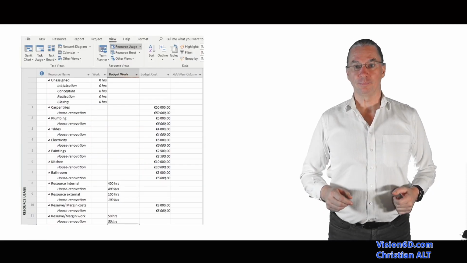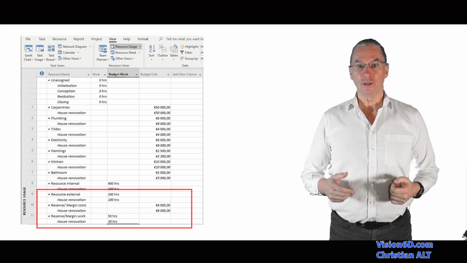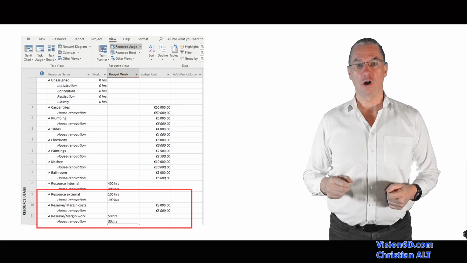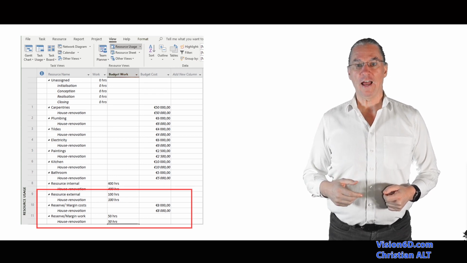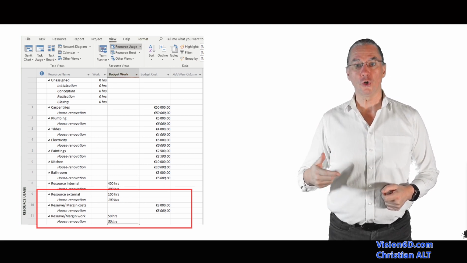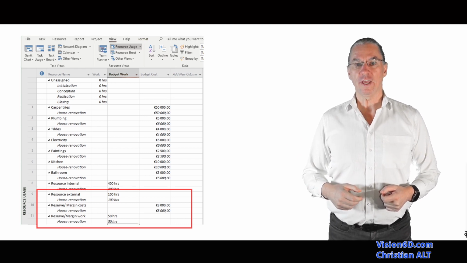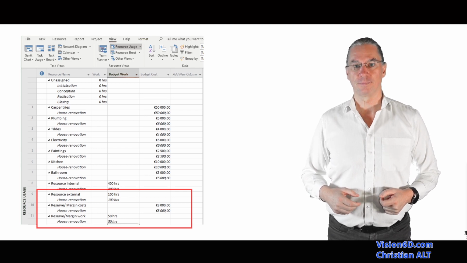If now I come back to my house renovation project, we see that we have added some reserves. We have added two types of reserves. One is for work. We've added a certain number of work hours as a reserve. And the second, we have added some reserves in terms of costs.